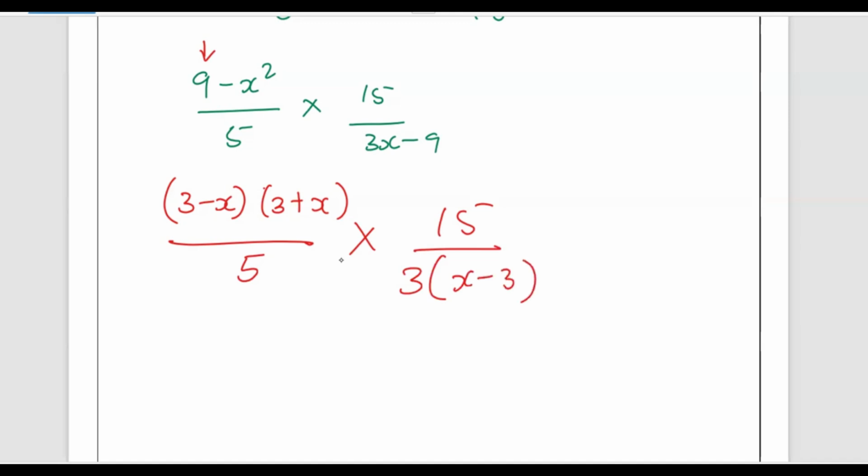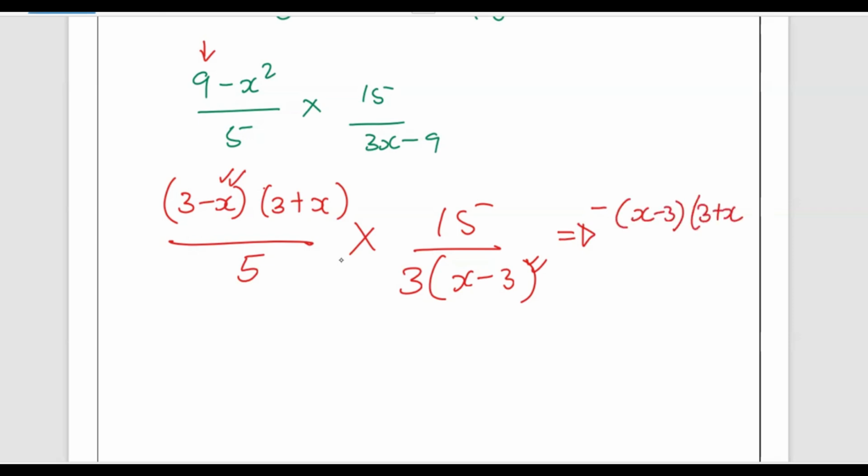Good. Now, because you also have to keep noticing what is happening, what's going to cancel out what between the numerators as well as the denominators. We can see that the 3 minus x links with the x minus 3. So let's take out the negative sign. That's going to be negative into x minus 3 into 3 plus x.